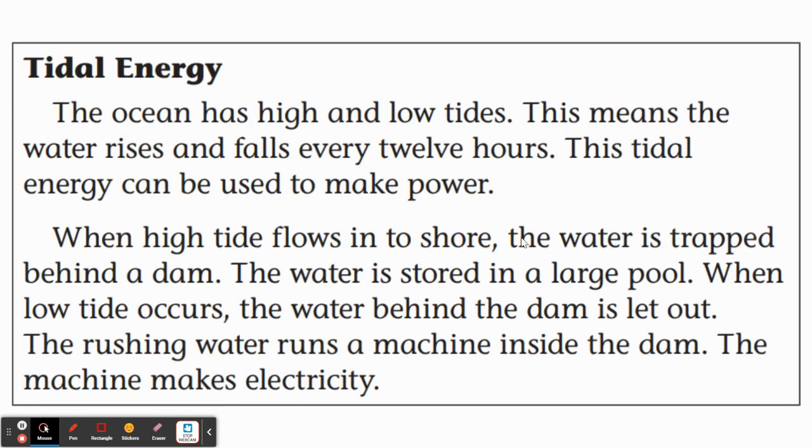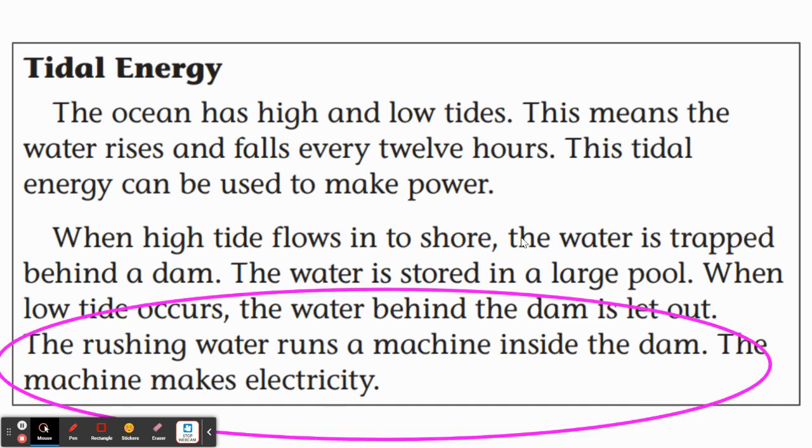I'm going to look under the section titled Tidal Energy, and I'm going to see what I learned about tidal energy. I read that when the tide moves in and out every 12 hours, the rushing waters can create electricity by running a machine inside the dam. That's something I learned, a fact.